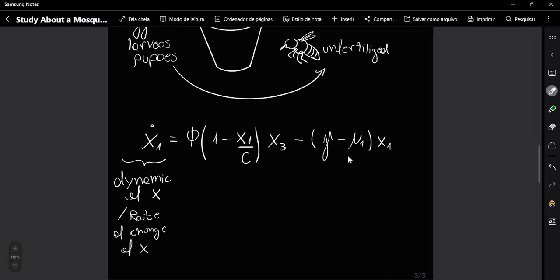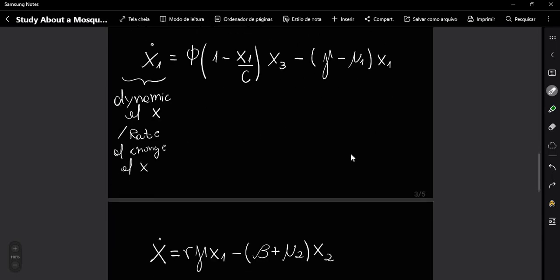We need to consider this when modeling this system and multiplying by x1, the first stage. Doing this interpretation, the authors were able to write this first equation. And it's a system of equations.